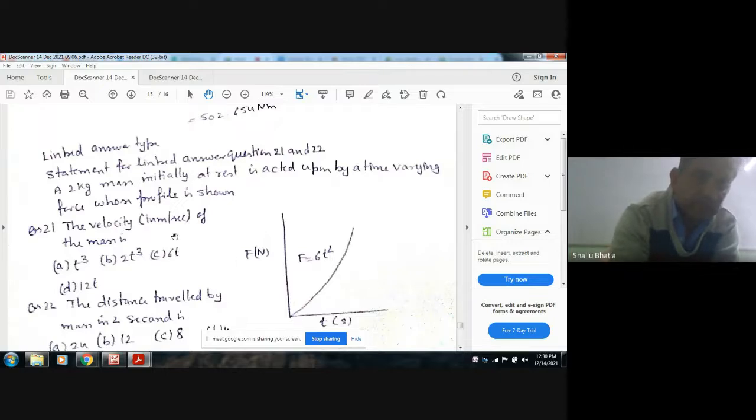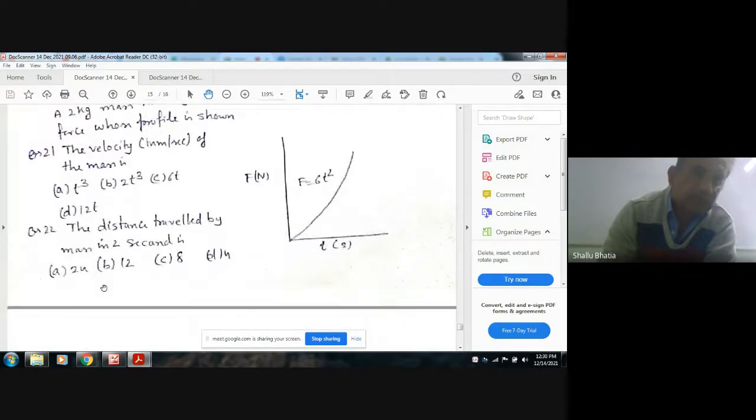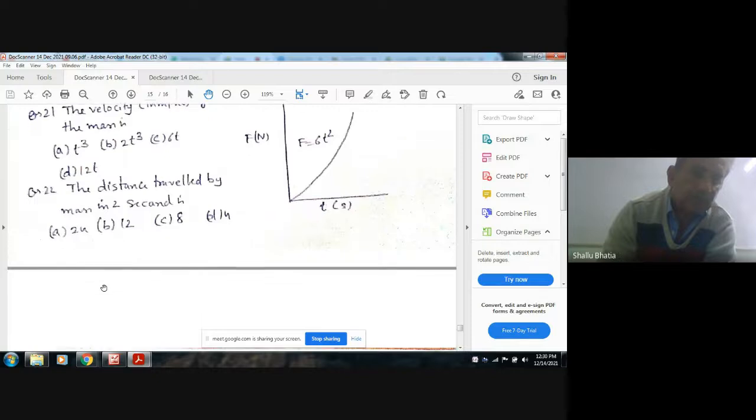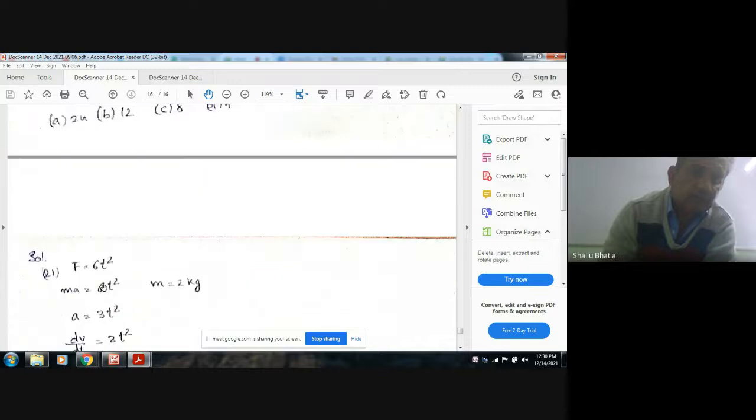The velocity in meter per second of the mass is option A t cube, option B 2t cube, option C 6t, option D 12t. The distance traveled by the mass in 2 seconds: option A 24, B 12, C 8, D 4.